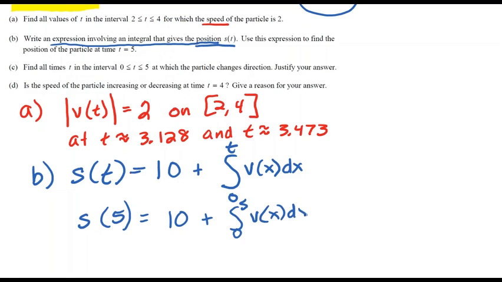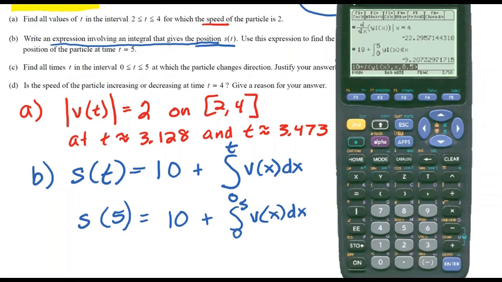So you could do this in the home screen to accumulate 10 plus that integral. Let me pause and grab the calculator. So you can look at my calculator screen. So we wanted 10 plus the integral of y1 of x, that's our velocity function, with respect to x from 0 through 5. So our position at time 5 is negative 9.207.